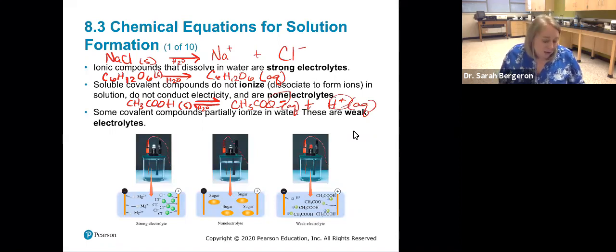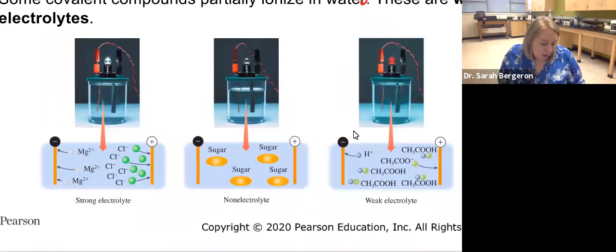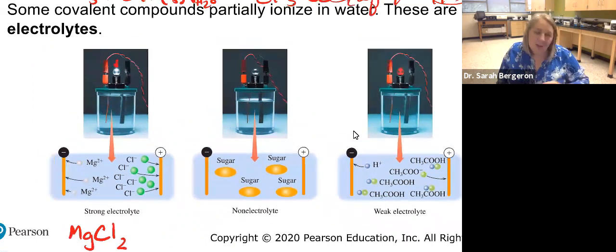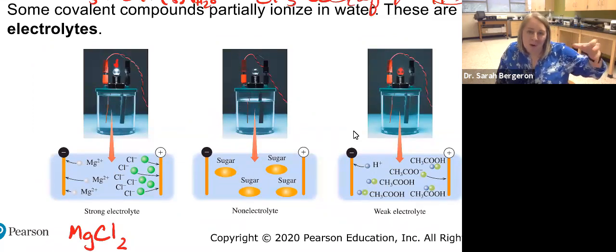You can see the illustration of that here. A strong electrolyte would be magnesium chloride, MgCl2. You have magnesium ions and chloride ions, and the ions can propagate that electrical signal, complete the circuit, and light up a light on top of the little device. You just dissolve some salt in water and you can see the electricity go through the solution.